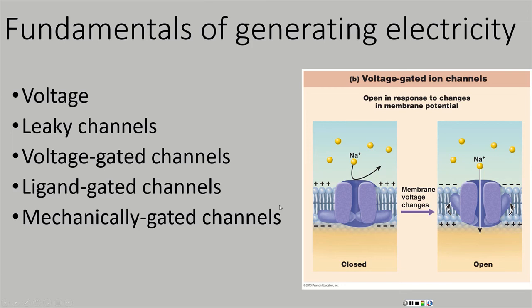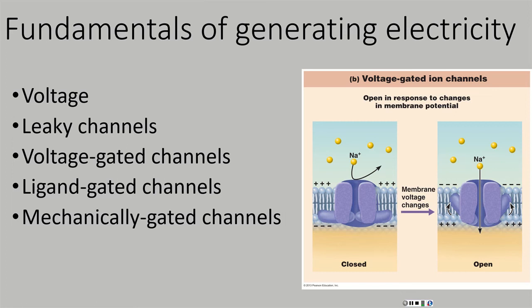Now, along the membrane, we also have various types of proteins. One of them is called a leaky channel. Leaky because they are always open and things can leak through them. But since these are proteins and their shape is going to determine exactly what they do, and they can only do a very specific thing, there are going to be leaky channels for different types of ions.